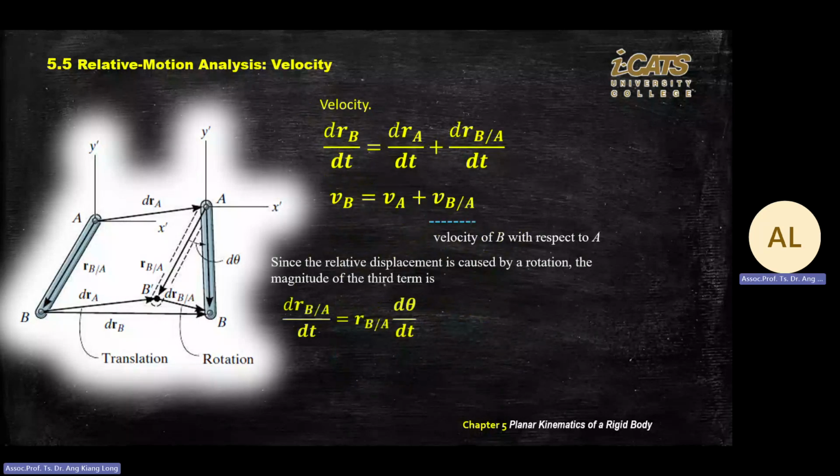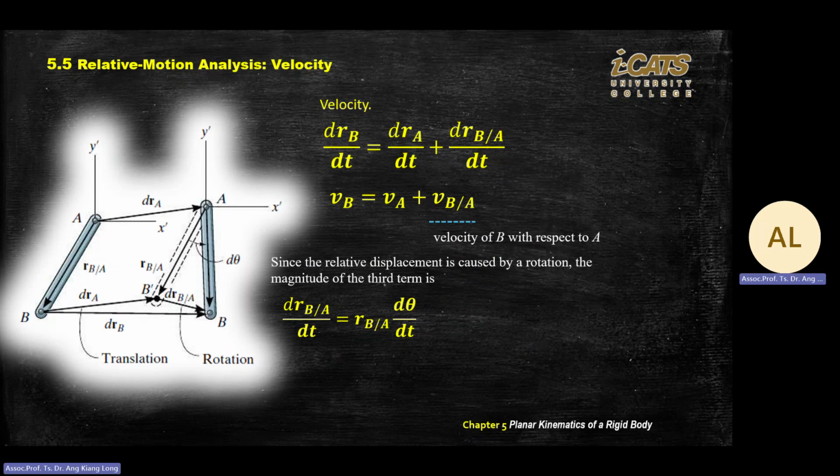So this is another mathematical derivation for this term. This term is due to the rotation of A, B prime to B, this dotted line to this solid line, on the left to the right. We are now focusing on the third term here, drB stroke A over dt.